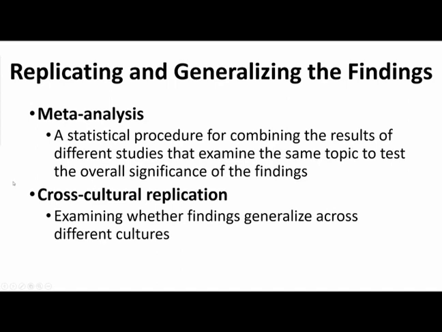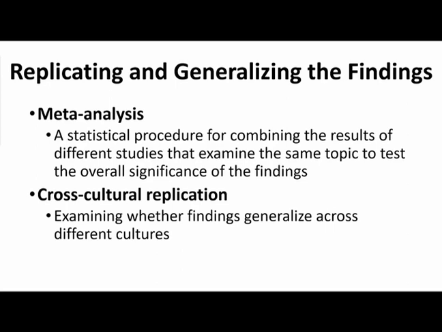When we're also trying to replicate results and run experiments multiple times, we also can run into something called meta-analysis. And this is a fancy statistical method of basically taking lots of different studies that have fairly similar methods, that are looking at fairly similar things, and you combine the data that they collected for all of those studies to give you a larger sample size, to give you a larger data set.